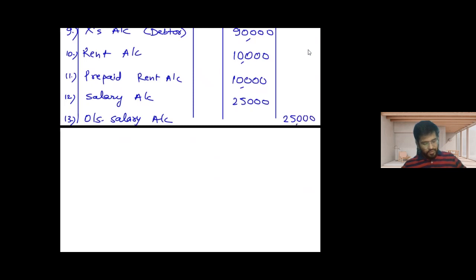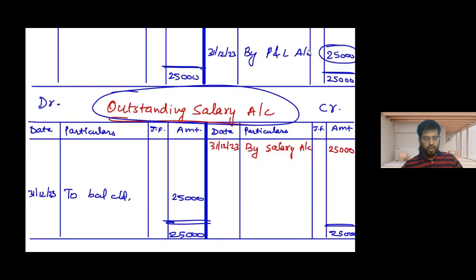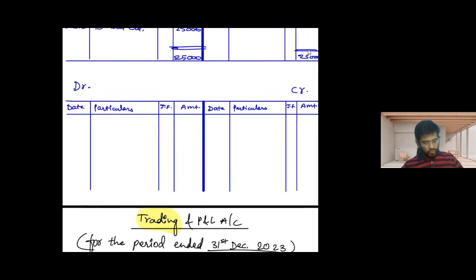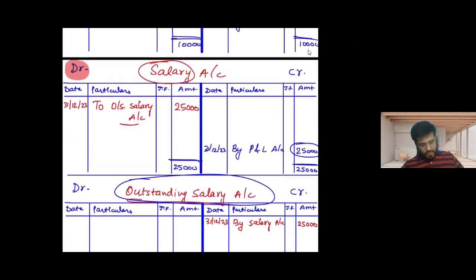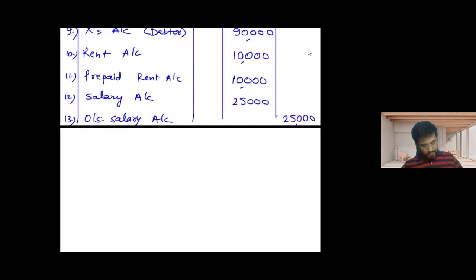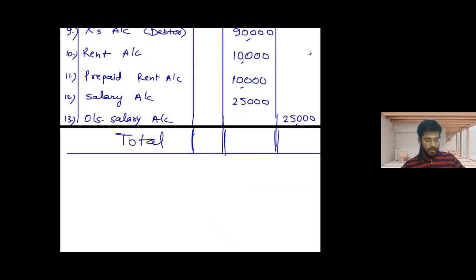So after this, all my accounts are cleared. There is no account left. So what will I do now? The trial balance is complete, but the only thing left is the last part of it, that is the total. What is the total of your trial balance?